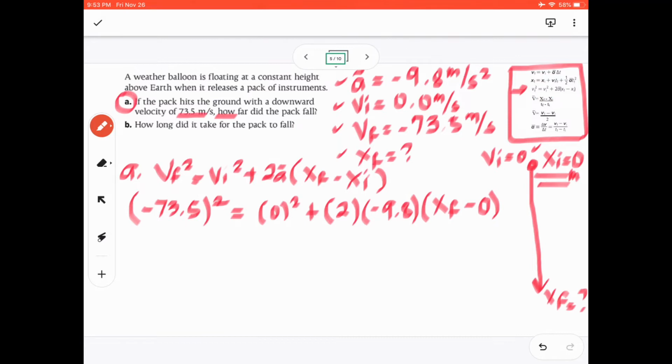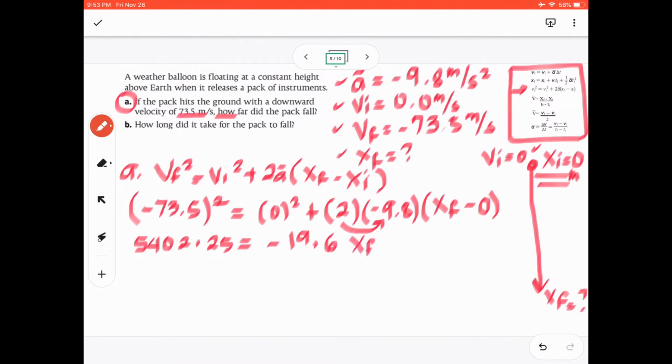So negative 73.5 squared is equal to 5,402.25. 0 squared is 0, so I'm not going to write that anymore. 2 times negative 9.8 is negative 19.6, and XF minus 0 is just XF.